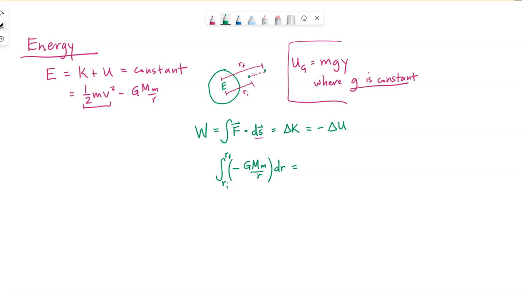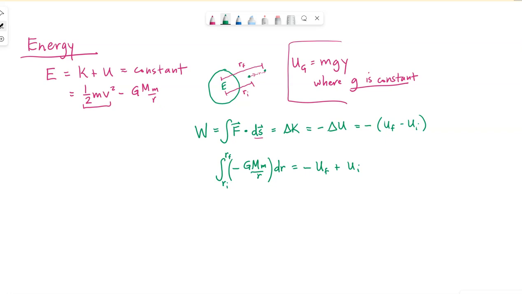So the energy goes back and forth between the two. Since delta anything is the final value minus the initial value, this equals minus U final plus U initial.